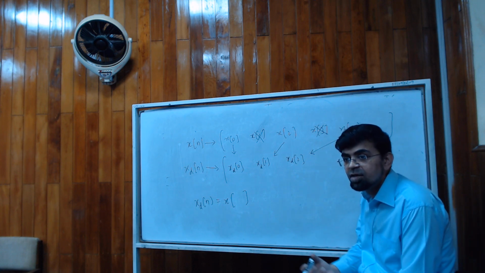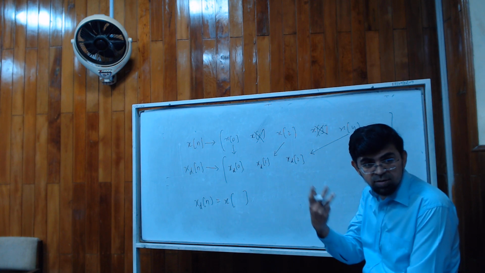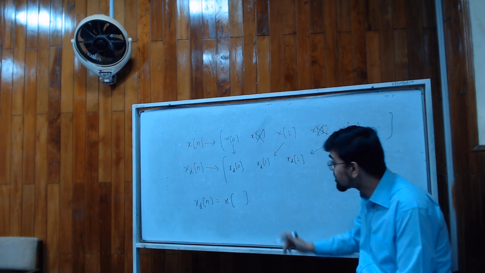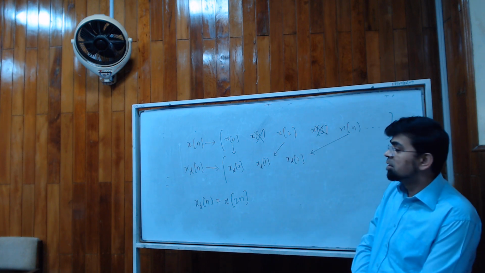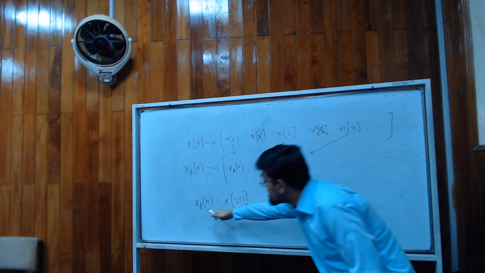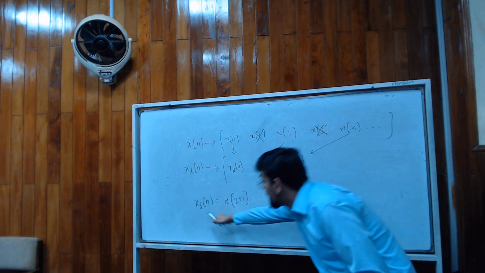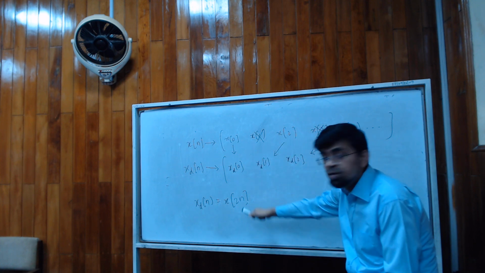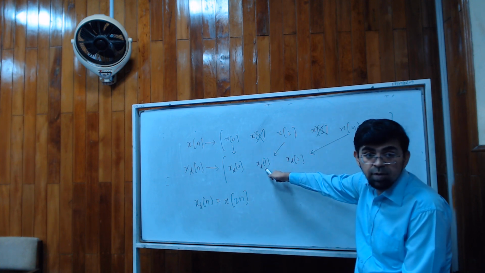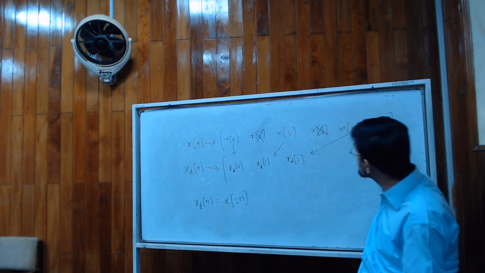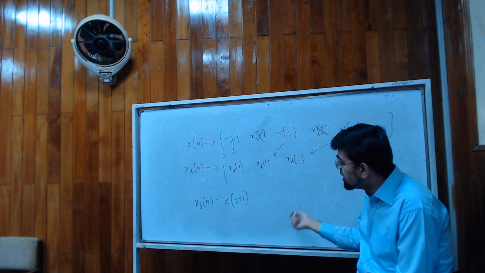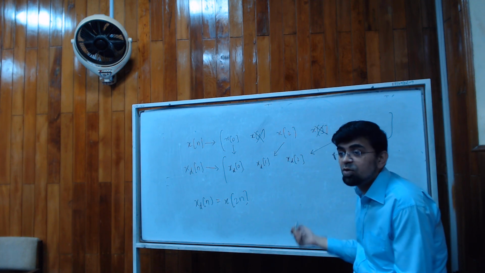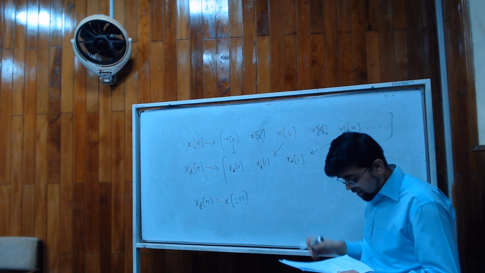Yes, वही था ना? x(2t) was compressed version, by a factor of 2. So you see that happening here. This guy is 2n. xd0 is x0. xd1 is x2. Yes, xd2 is x4. Yeah, and so on. So basically what I want to show is that this formula still holds. Yeah, and this is how you do compression.